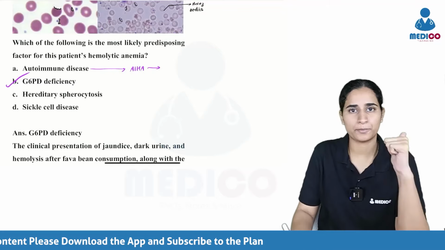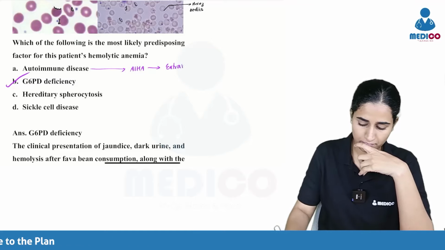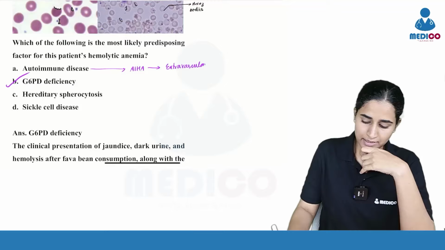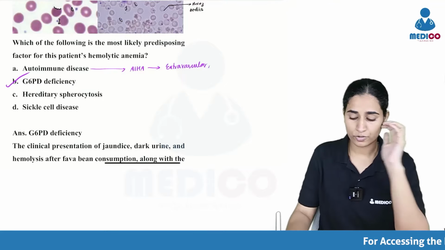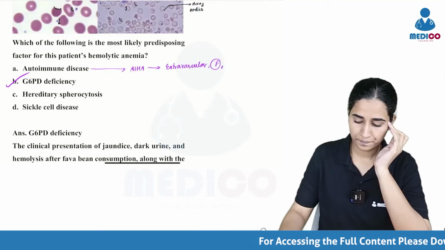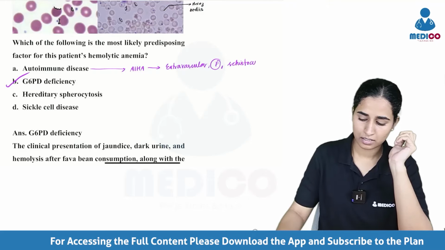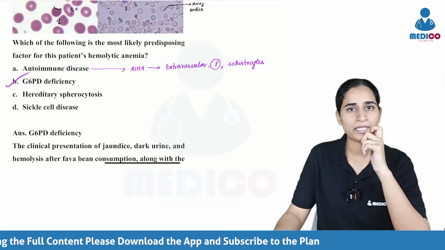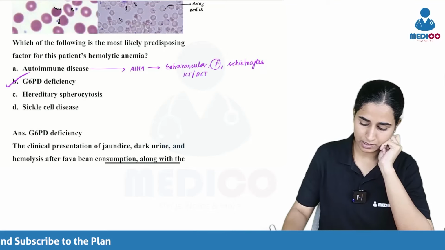First thing, autoimmune hemolytic anemia is predominantly extravascular, seen in young females, of course, rarely males are also affected. And there are spherocytes on the peripheral smear. And there is ICT, DCT positive.